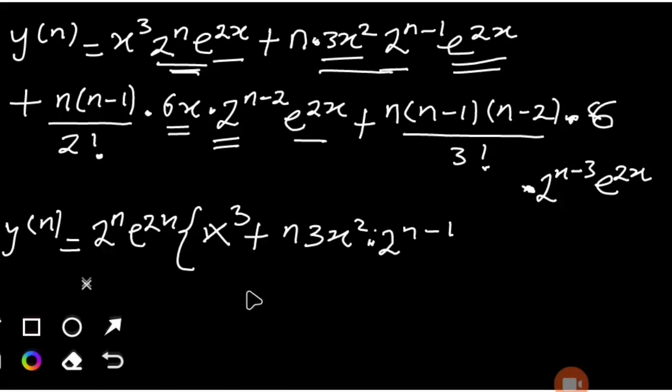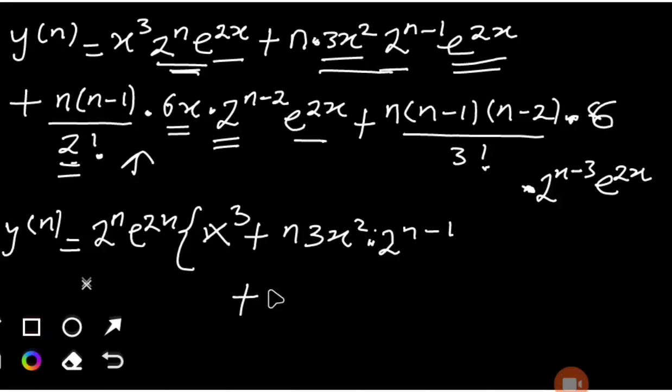Let me proceed to the next term. For me to work on this one, I need to divide this 6. 2 factorial is 2 times 1, so 6 divided by 2 is 3.